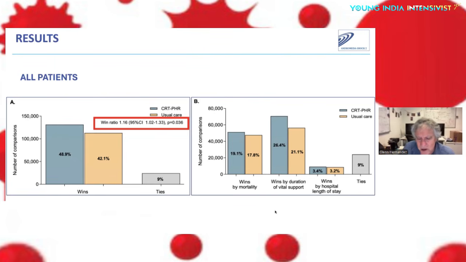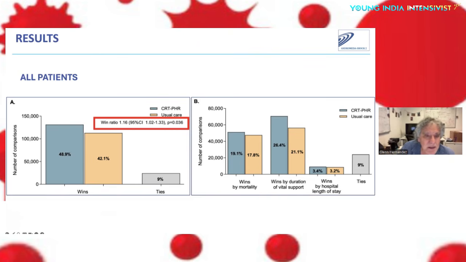And the third one, which is a more epidemiological one, the length of hospital stay. And we assessed it in a hierarchical way, which is the win ratio. And you see it was a big win here of the intervention compared to usual care, with a P of 0.036.